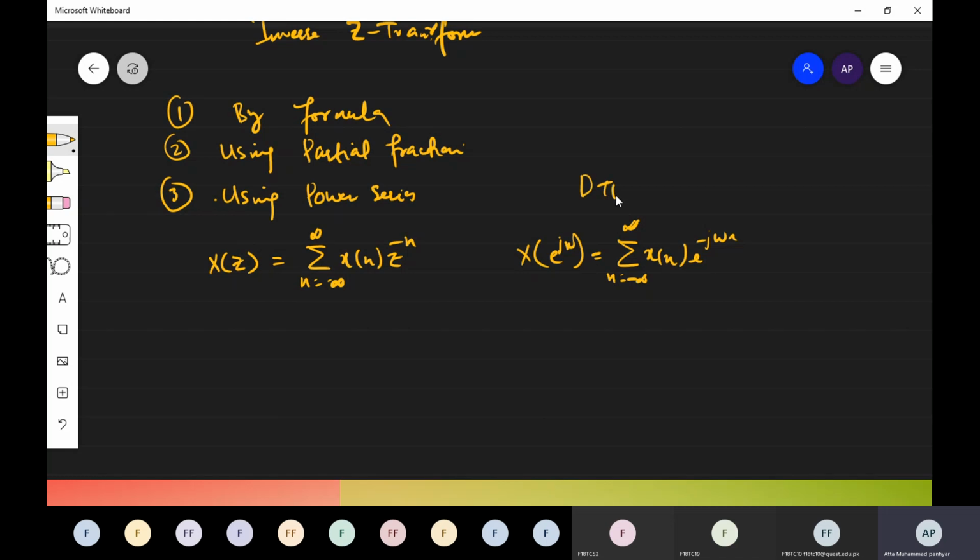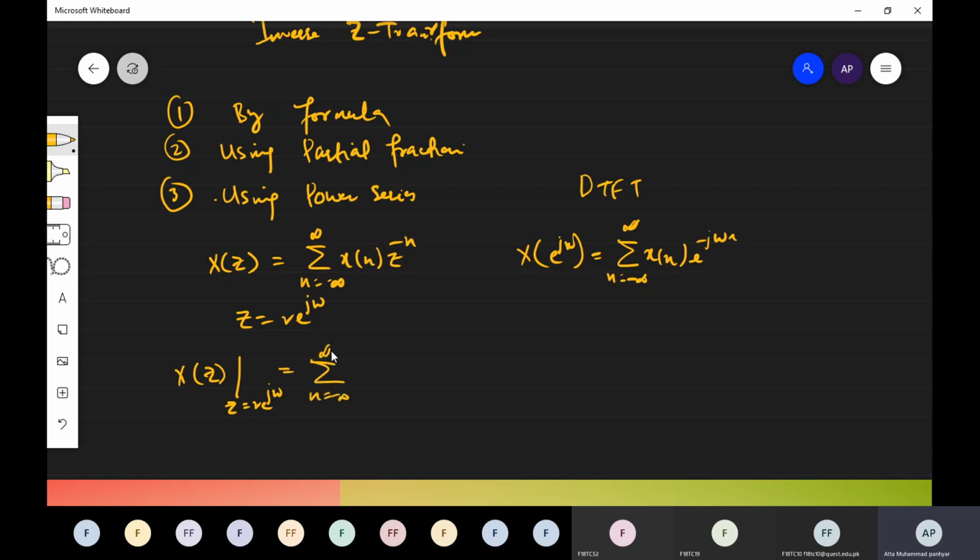This is our DTFT, and this is the formula for the Z transform. Okay, so we know that Z is equal to r e to the power j omega, right? So if I substitute this value into the x of z equation, given that Z is equal to r e to the power j omega, then what do we get?